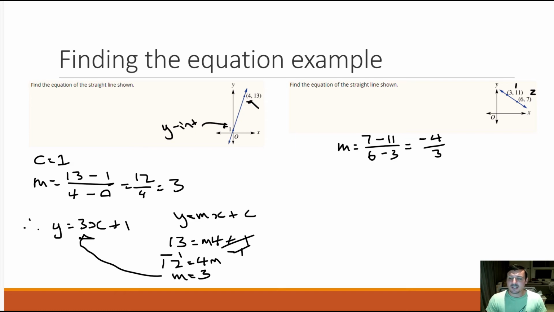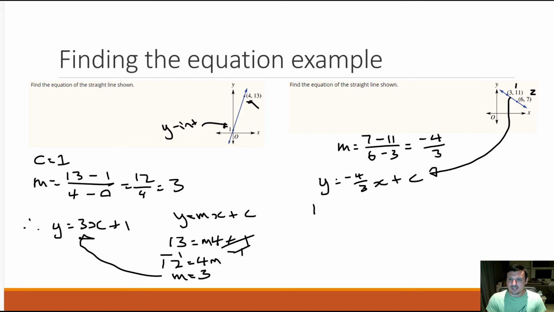Now, if I want, I can use that other formula, but I'm going to do the substitution method because I showed that before. So we're going to write this into our equation. y equals negative 4/3 x plus c. I'm going to pick a point. In this case, I am going to pick (3, 11), and that's because the x value is 3 and the denominator of that gradient is 3, so they're just going to cancel out really nicely.